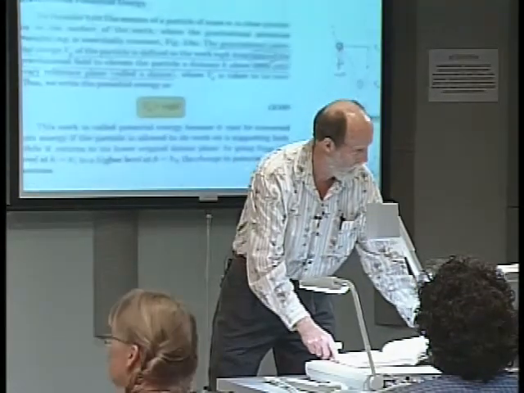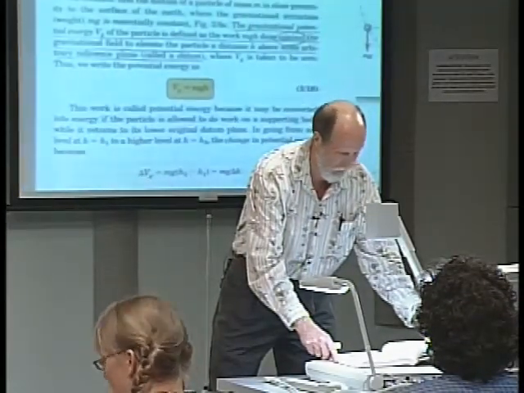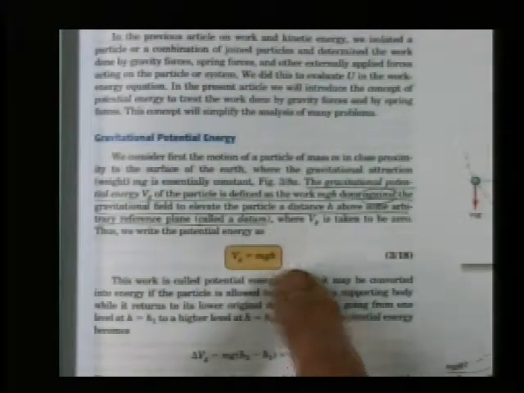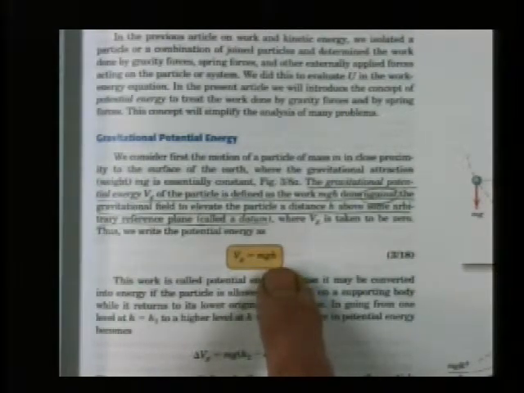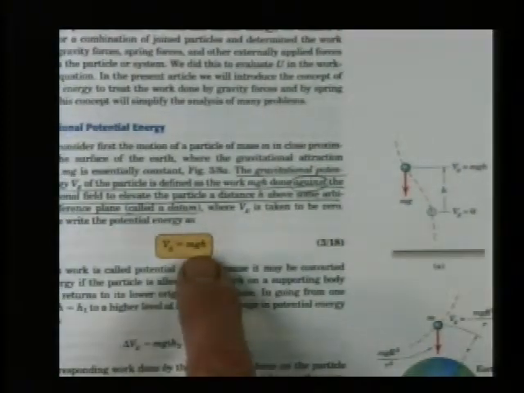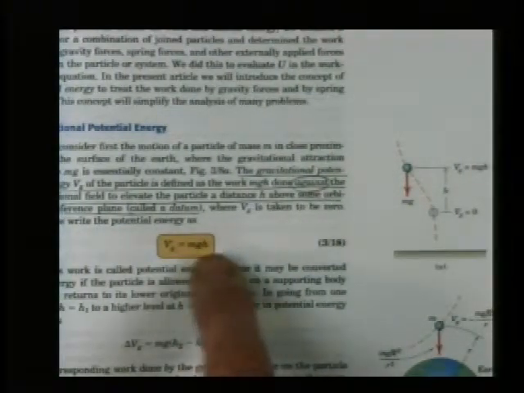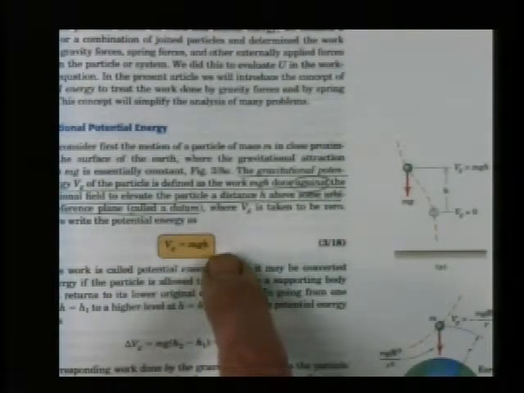Now, one more thing in the next section. I want to point out to you the transition we're making in the way that we're going to handle this. We're now going to define, as I did the other day, gravitational potential energy as the weight, mg, times a distance off of some reference datum.